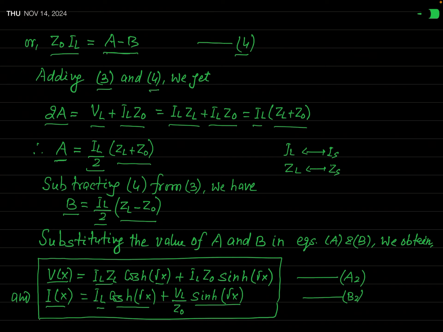So in this way we have obtained the voltage and the current as a function of x, where x is the distance measured from the load end. You can compare these two results, as I have told you that instead of IS there is now IL, instead of ZS there is ZL, and VL is at the place of VS, and Z naught stays the same.